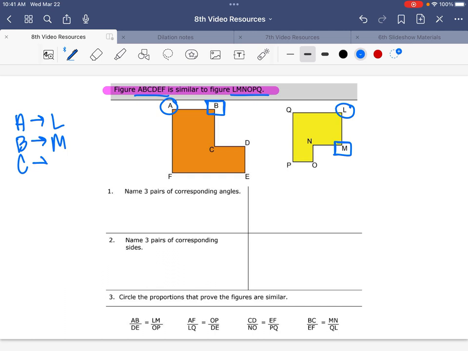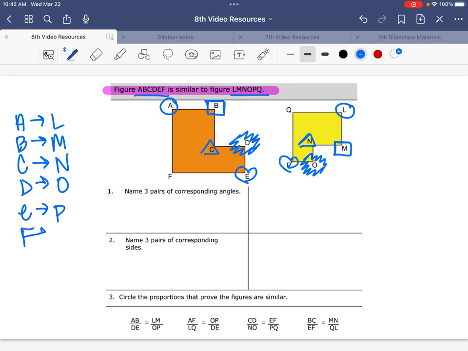Point C corresponds to point N. Point D corresponds to point O. Point E corresponds to point P. And then point F corresponds to point Q. I'm going to put a little trapezoid around there.